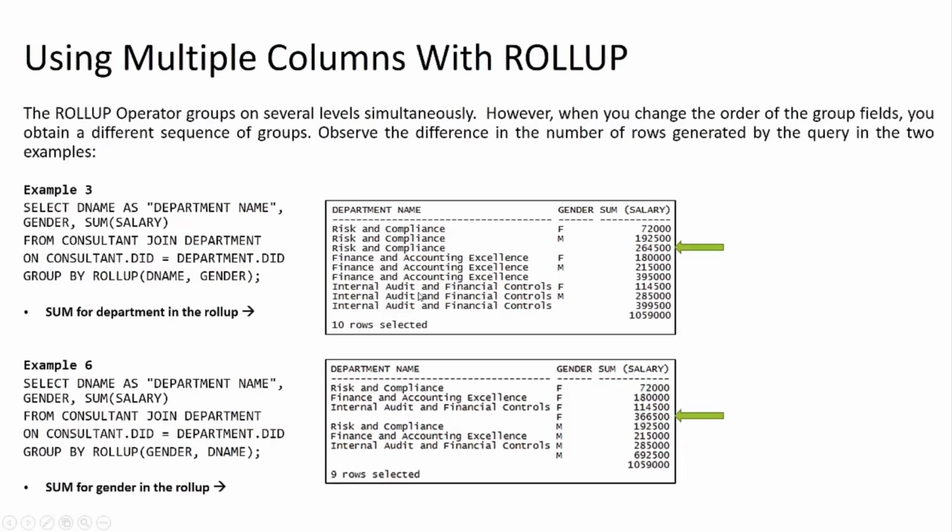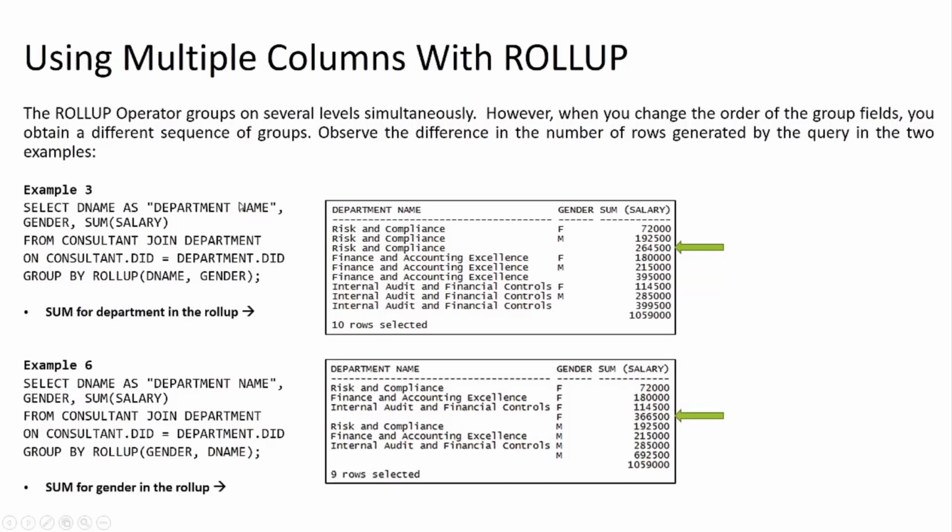Now, one really interesting thing to be aware of is if we specify multiple columns in our rollup operation, the order in which the columns are specified is going to change the output that you get. It's going to change the order that the tuples come back in, but it's also going to change really the fundamental question that you are asking.